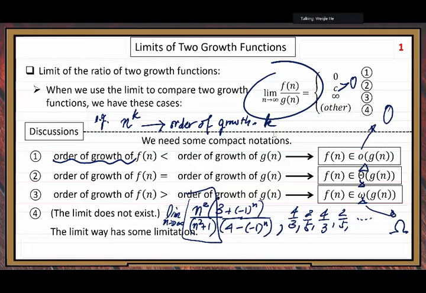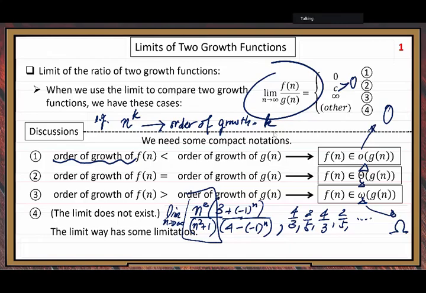This sequence never converges to any number. So we cannot use this limit method. We have to find some method that does not rely on the limit concept.